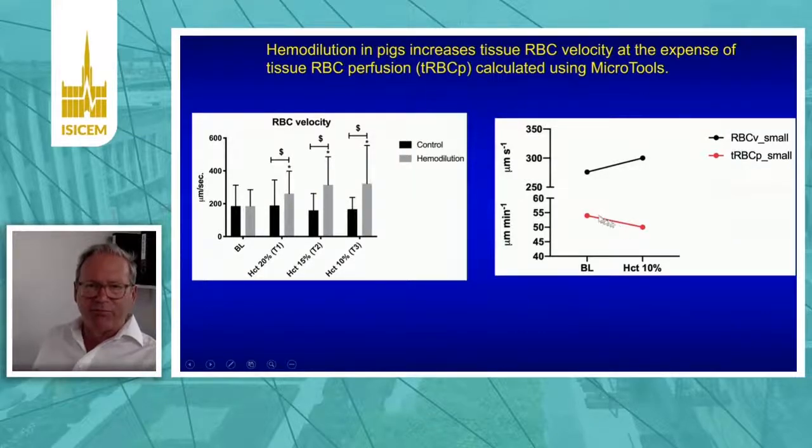But if you look at the red blood cell perfusion, you actually see it going down because of the dilution of the red blood cells. So even though the velocity might go up, the actual parameter, the tissue red blood cell perfusion, goes down, showing this to be indeed a very useful parameter for resuscitation.